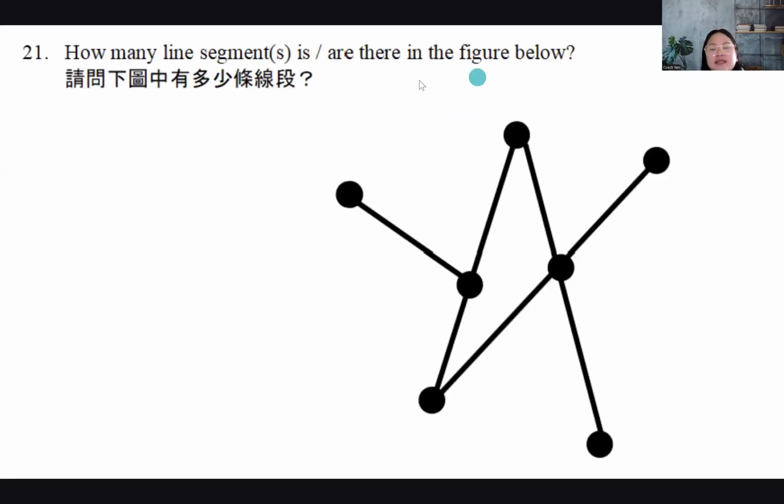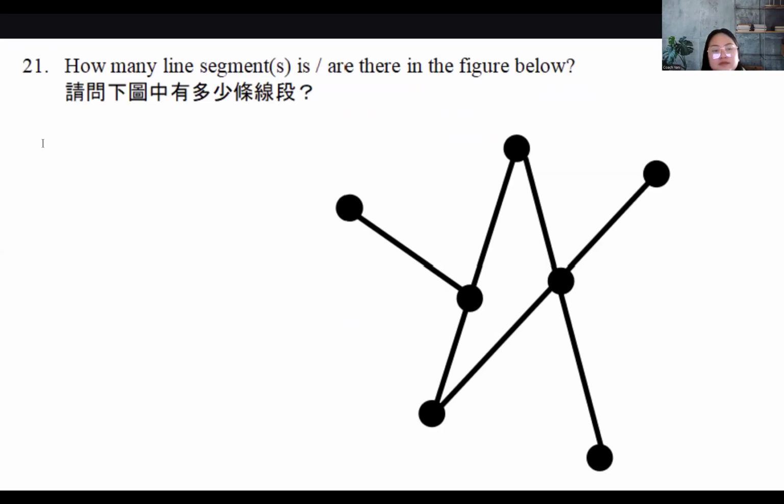21. How many line segments are there in the figure below? So you have to remember a line with 4 dots has 6 segments.